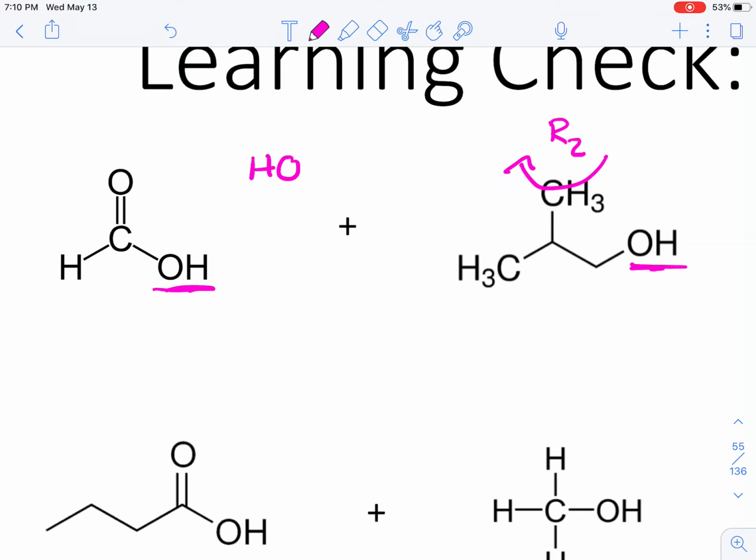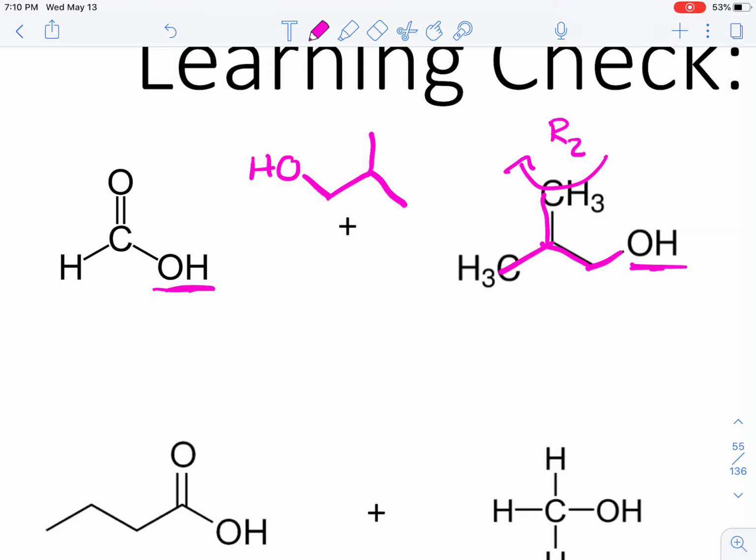And so notice that the line is going to go down, and this line goes up. And then here I have a methyl group, so I'm going to put a methyl group, and there's another methyl group going down, so I'm going to put another methyl group going down. So what I'm basically doing is I'm drawing its mirror image.